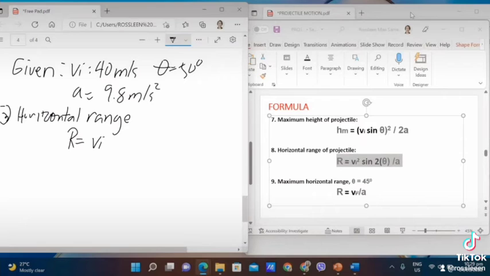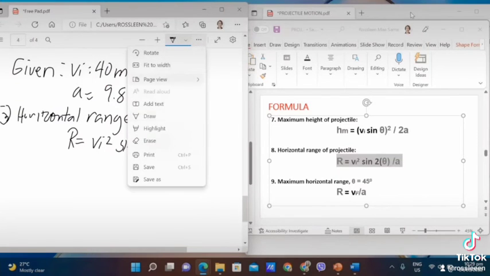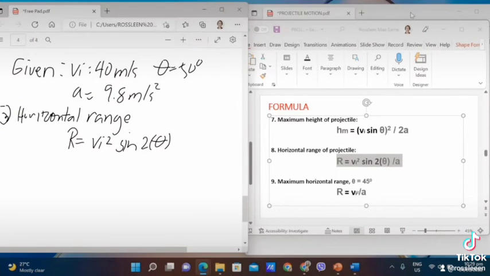Now for the formula, range equals initial velocity squared times sine 2 theta, where theta is the angle, over acceleration.